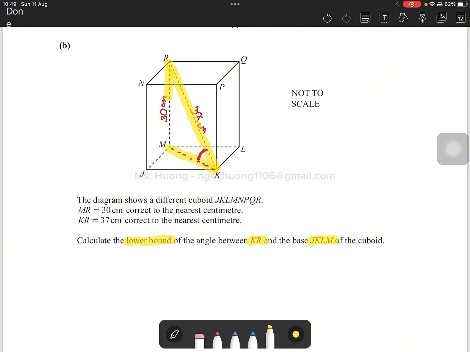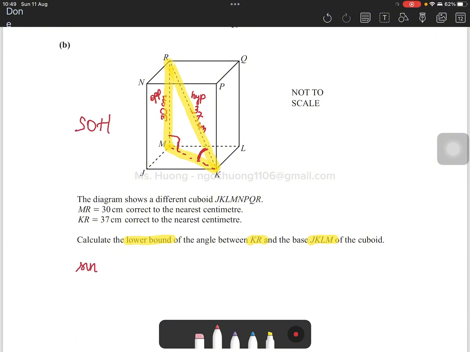And this is a right angle triangle. And in this triangle, you see that the side 30 centimeters is the opposite to the angle K. And the side 37 is the hypotenuse. So opposite over hypotenuse means we use sin.